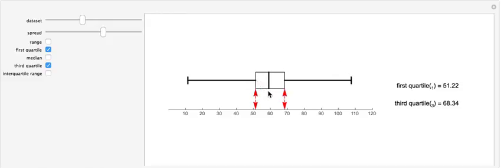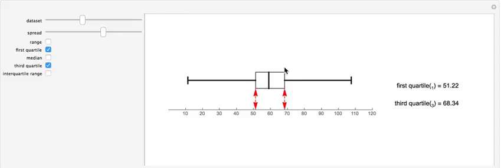Now, don't get confused and think this must be 25% of the way to the end, and this must be 75% of the way to the end. There could be a whole lot of numbers in a smaller range and a few numbers in a larger range, or vice versa. So 25% of your data set is somewhere between 51.22 and whatever our minimum was. I think it was 11.36. And 75% is between 51.22 and whatever our maximum was.